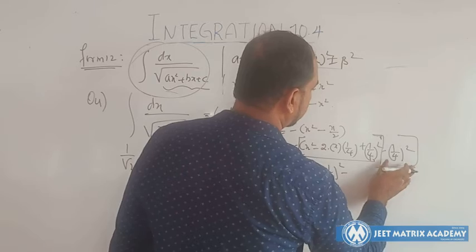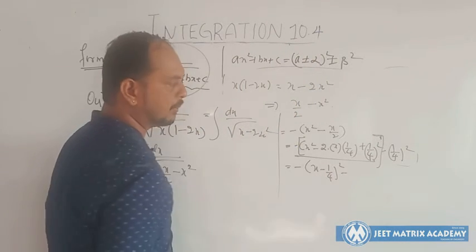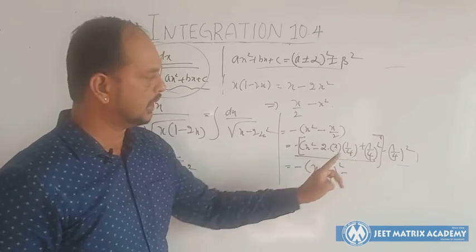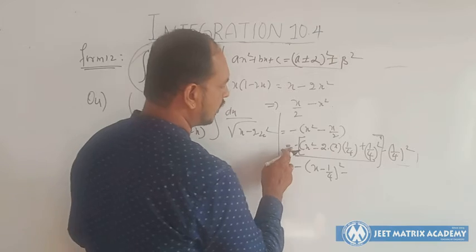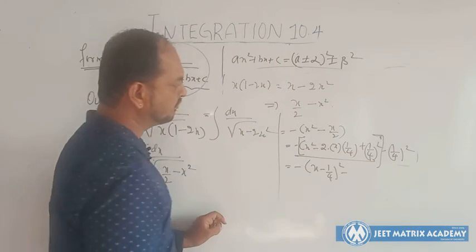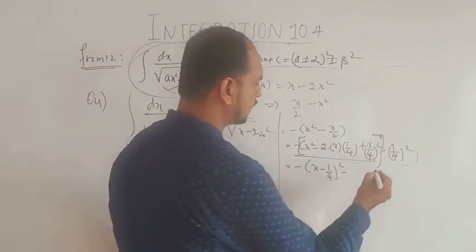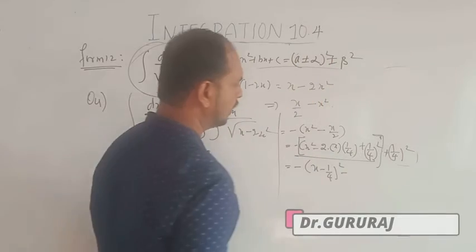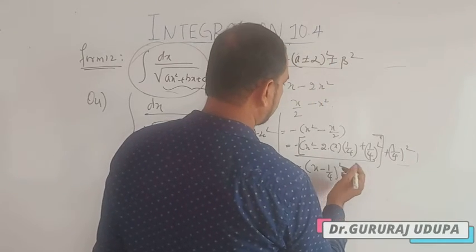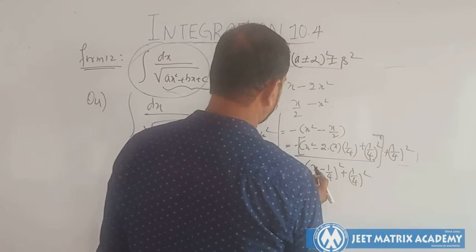So when I open the bracket, this becomes minus and this becomes plus 1 by 4 whole square, am I right?